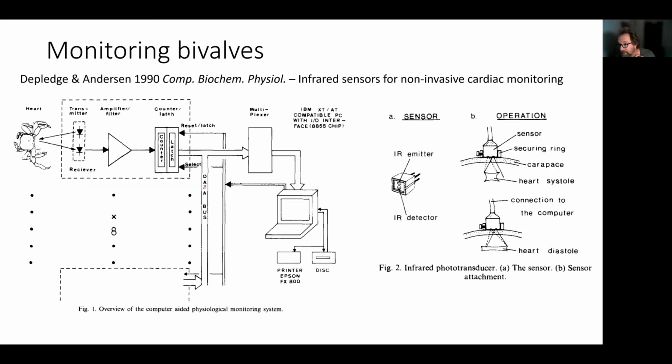In the early 1990s, DePledge and Anderson started the method of using infrared sensors to shine infrared light through the shell of the organism and pick up the reflected light coming back off of the moving heart, so that you could non-invasively attach a sensor to the outside of the animal, sense what the heart was doing inside, and not have to disturb the animal quite as badly. And there have been various improvements on this design through time as well.